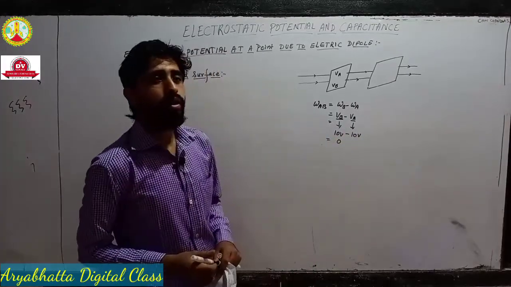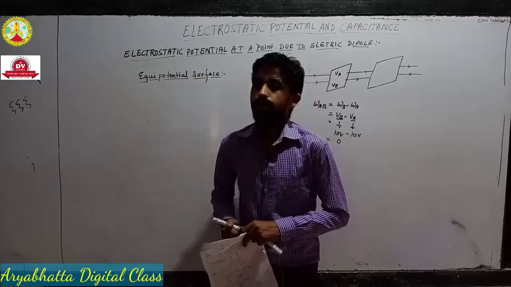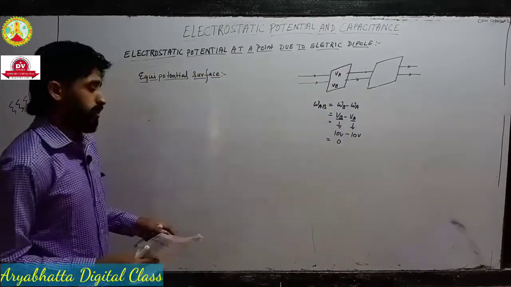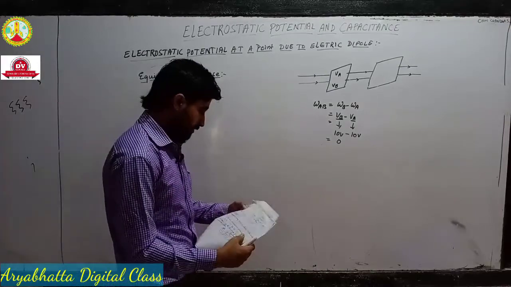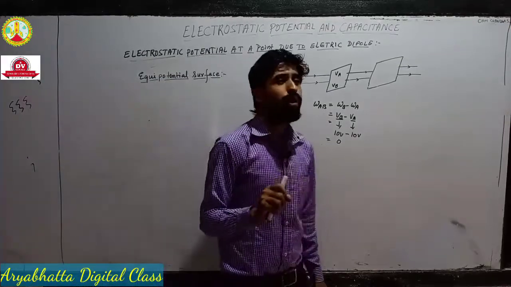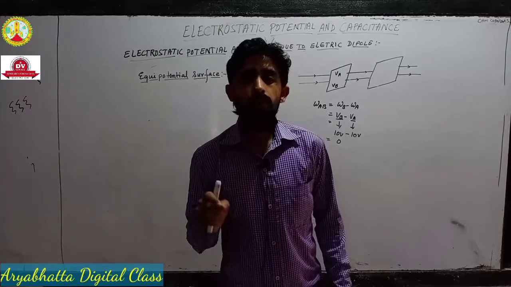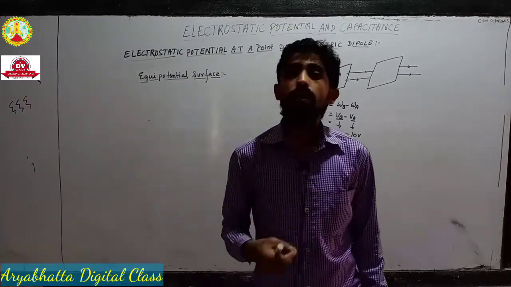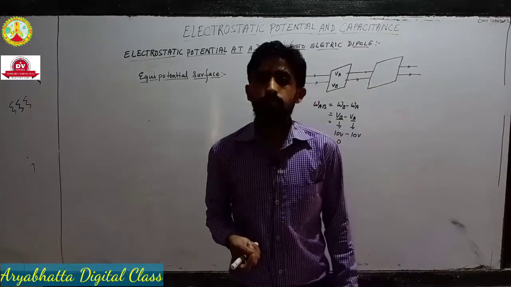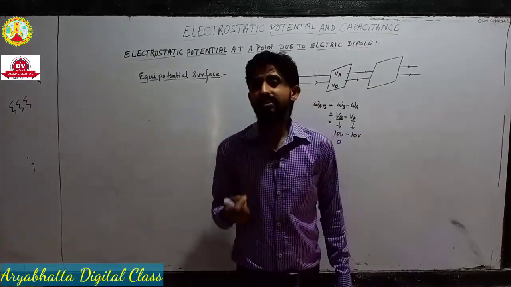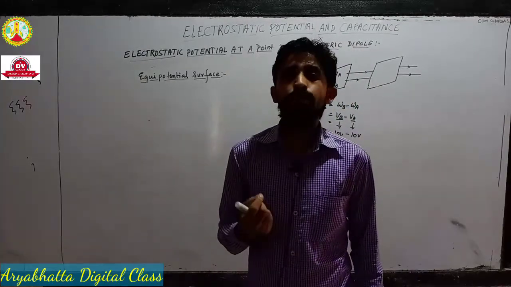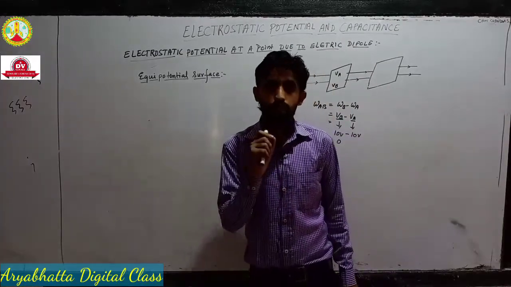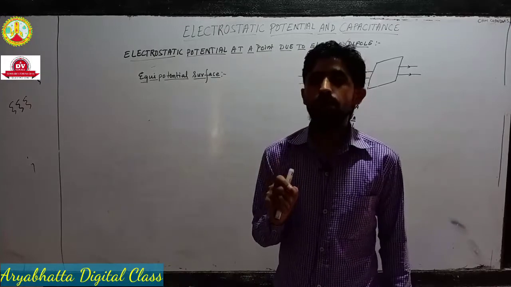So remember, on an equipotential surface the potential difference or the net work done by a charge particle will be equal to 0. The name itself says that equipotential means equal potential at all points of the surface.